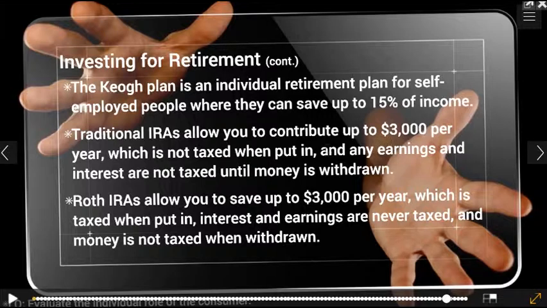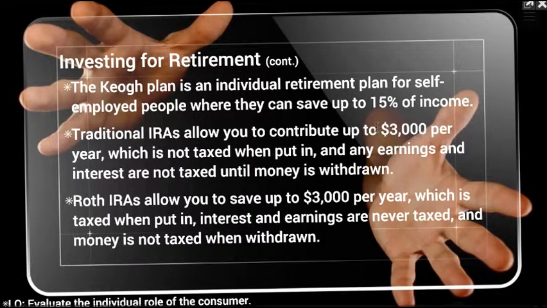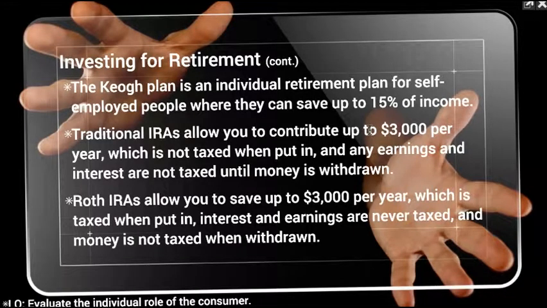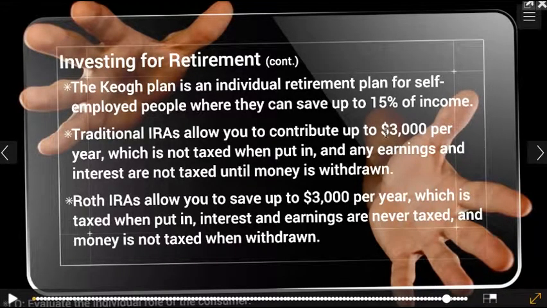This basically allows you to use pre-tax dollars so that it doesn't count against your tax. That $3,000 you put in would not be considered taxable income, which will lower the amount you pay in taxes now. But you're going to be taxed on that money when you withdraw it.